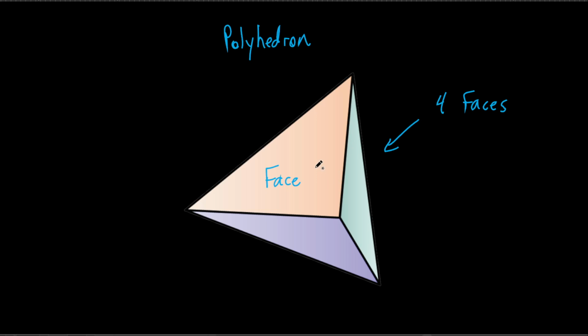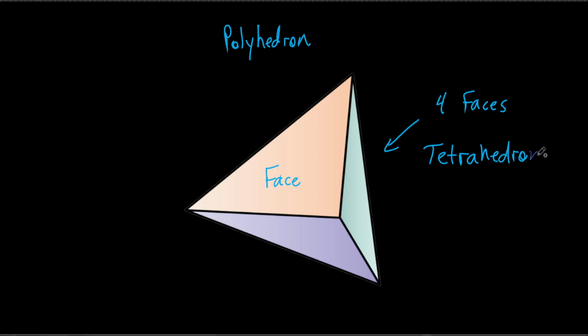Don't know. Probably just to make it different, because it's not just a line segment. It's a whole shape. Yeah, it's a 3D shape. Yeah, that's the way you could look at it. So each of these sides, if you want to call it that, they just call it a face just to make it a little different. So if you have 4 faces, right, 4 different sides to this, we call this thing a tetrahedron.